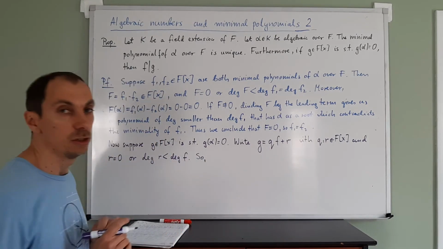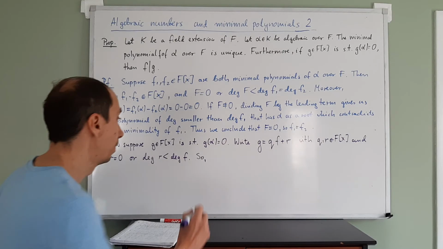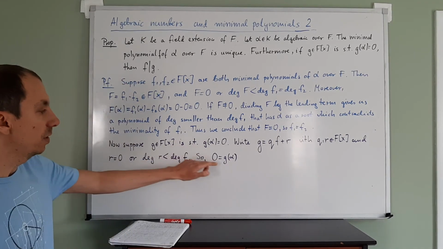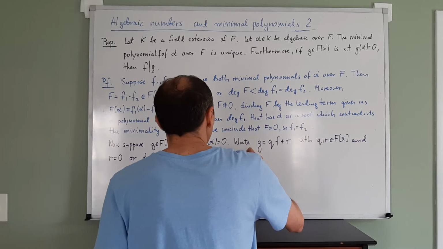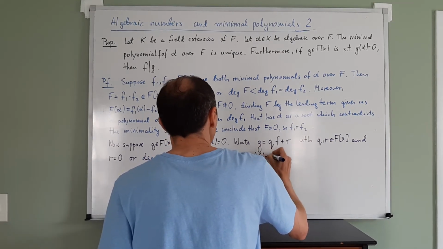So what I'm going to do is plug in alpha into this equation. First of all, because g of alpha is 0, the left-hand side is 0. But that also means that the right-hand side must be 0.